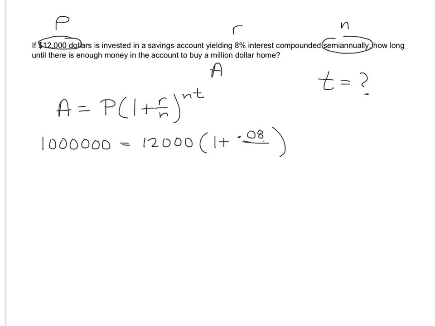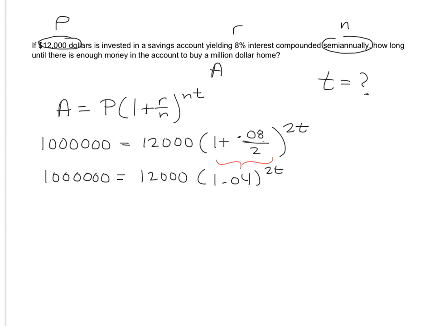So I'm putting this into the equation, so 2 times t, which I don't know. So everything in this parenthesis I can just put into the calculator, so 1 plus 0.08 divided by 2 is going to give me 1.04. And this is the way I would solve something like this, because there are a lot of working parts. So this is going to be 1.04 to the 2t.